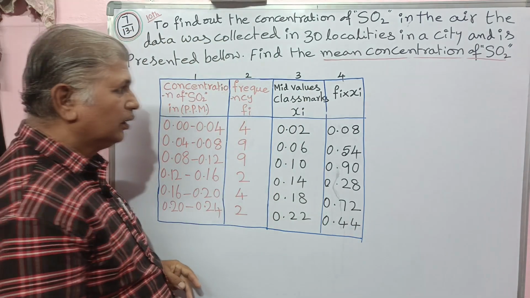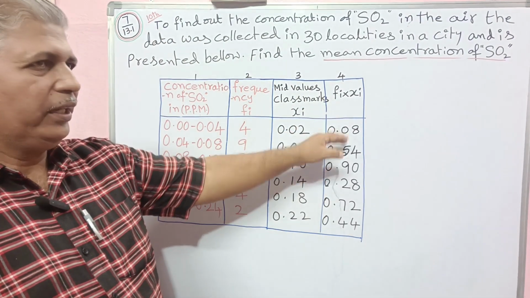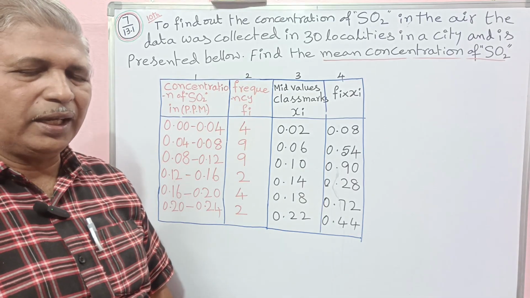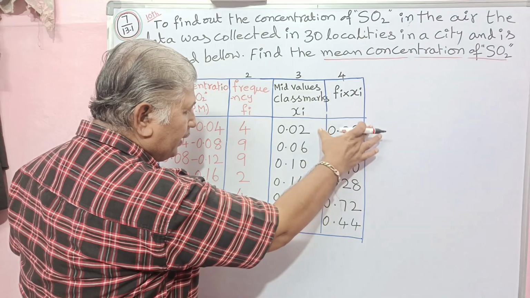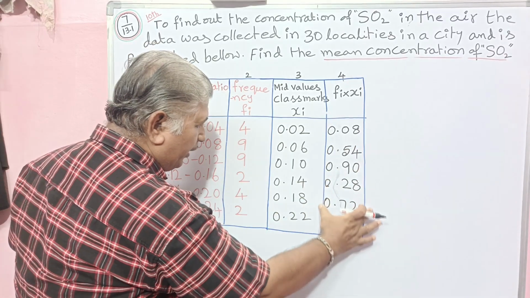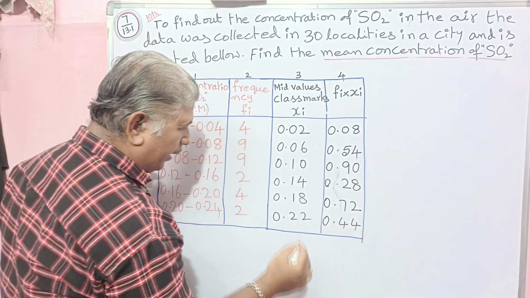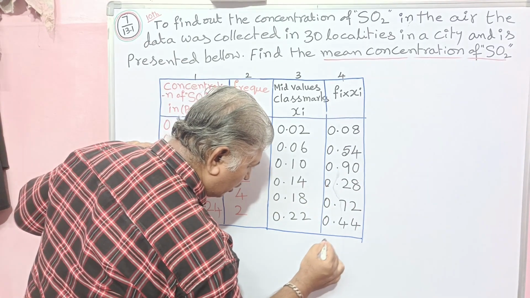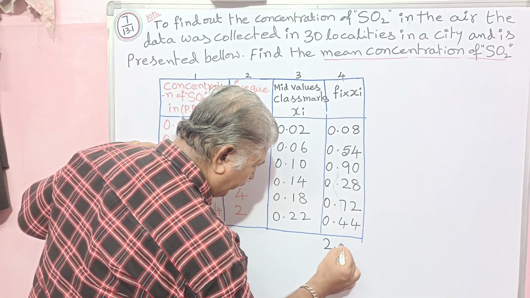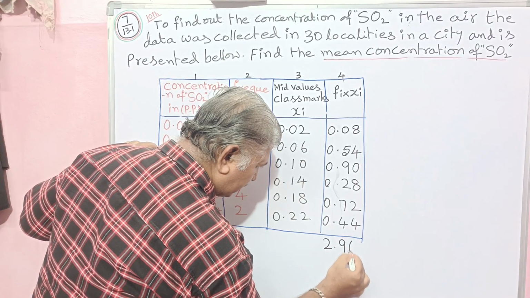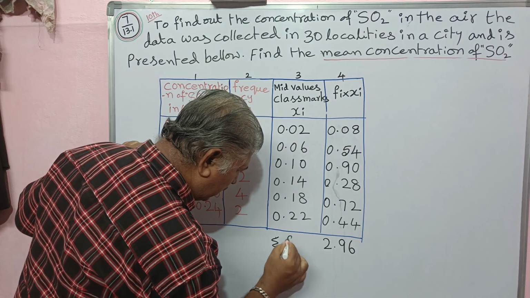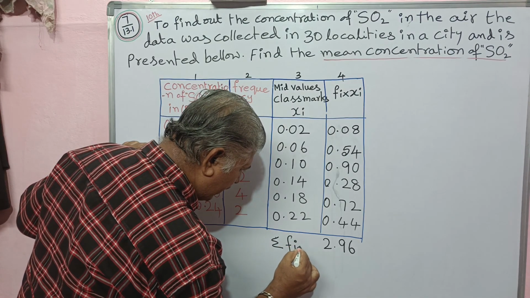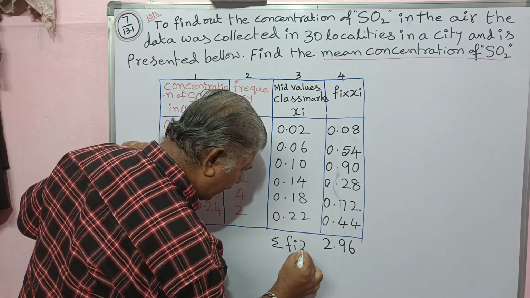Like this. These are the fi xi values. By adding all these fi xi values, we get 2.96. This is called sigma fi into xi.